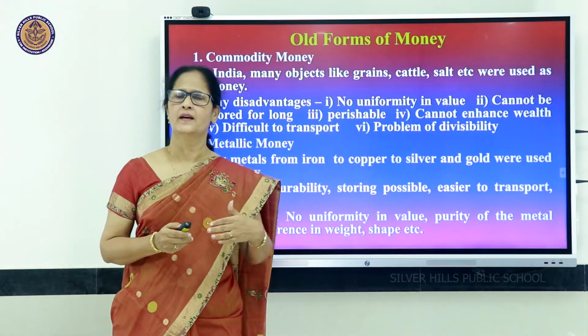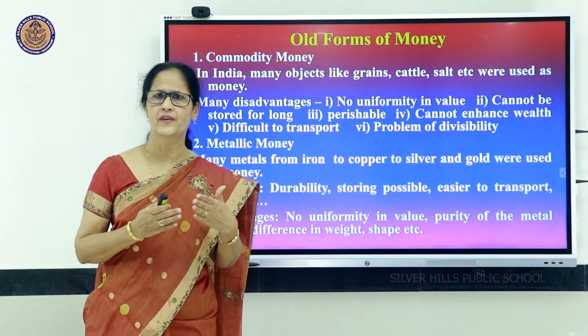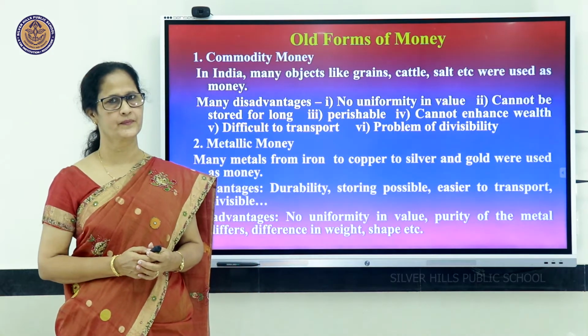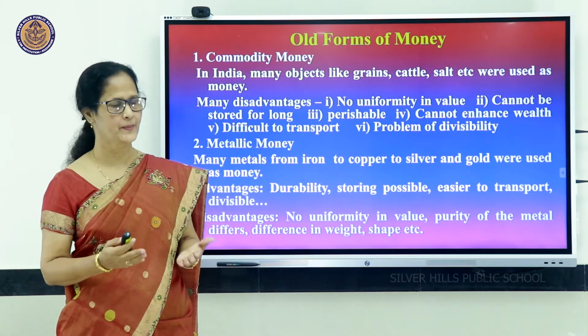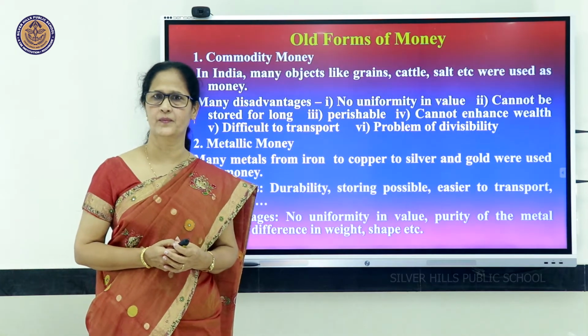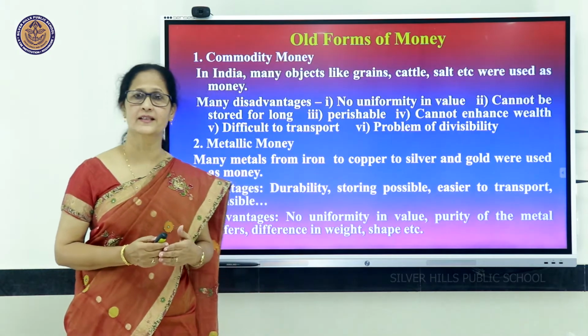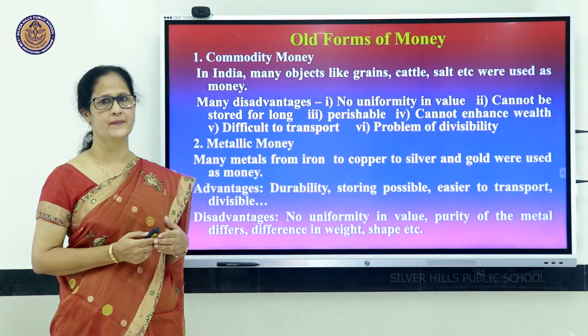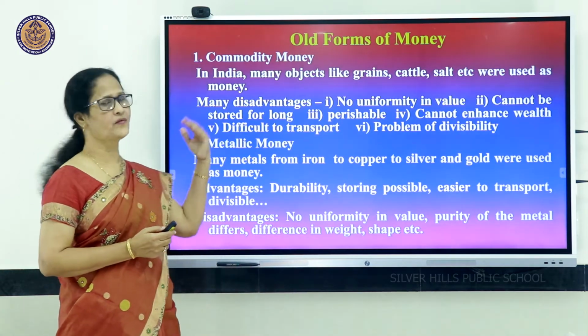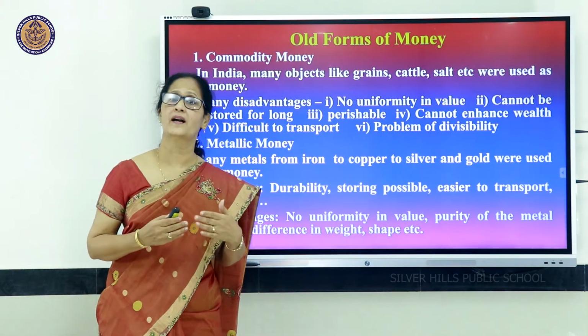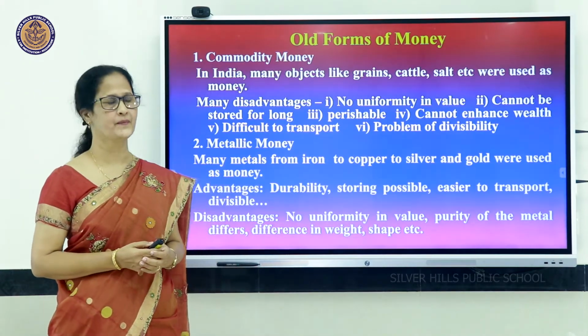Now, when money was invented by human beings, was it like the paper currency that we are using now? Or was it different? Yes, we are going to look at the evolution of money. What were the old forms of money and what are the new forms of money?